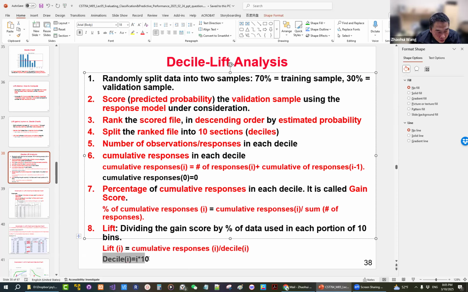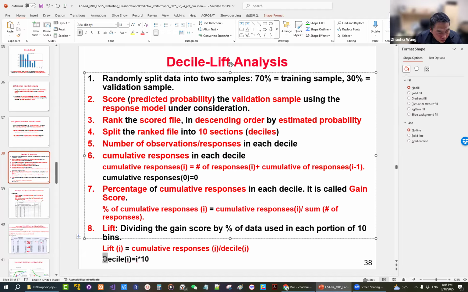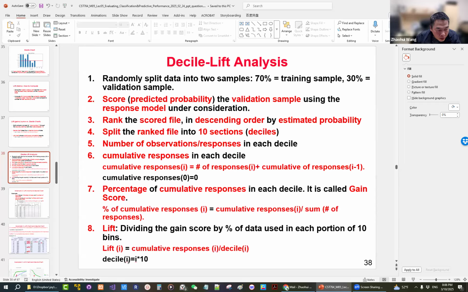The desired I is I times 10, because every decile has the same size, a value of 10.